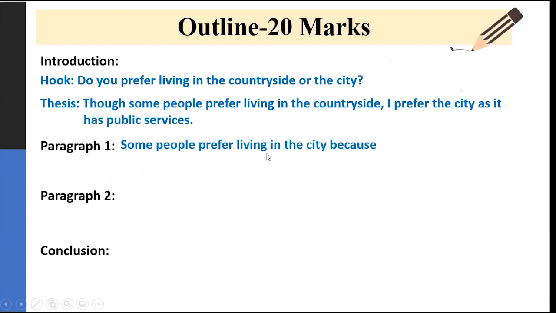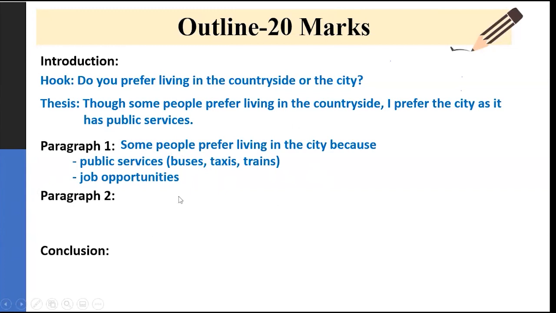Some people prefer living in the city because وحط فكرتين bullet points مو جمل كاملة أو فقرة لا bullet points. مثلا الcity its advantages are that there are public services, buses, taxis, trains, restaurants, shopping malls. These are all public services. My other point is that it has job opportunities. So it's easier for people to find jobs.